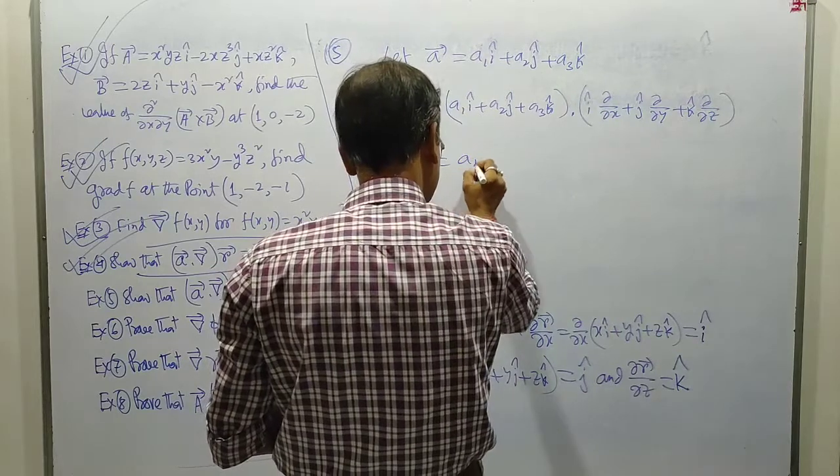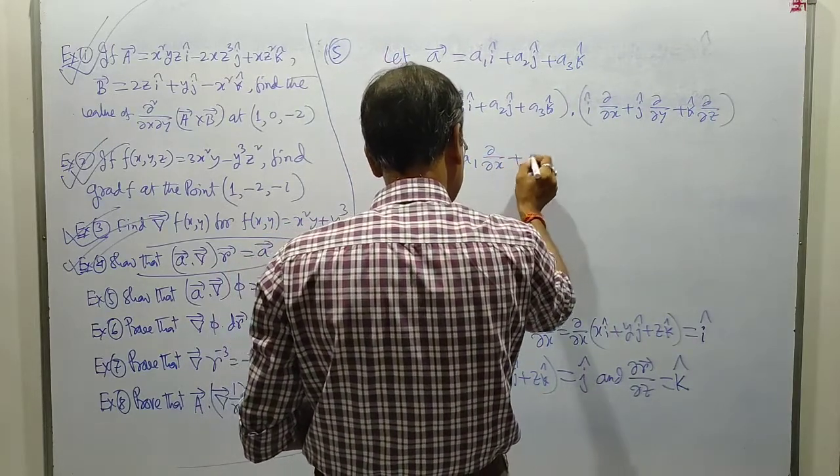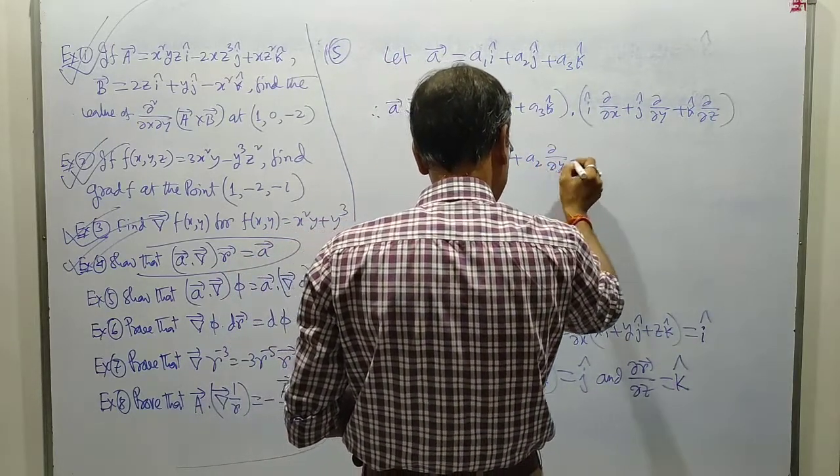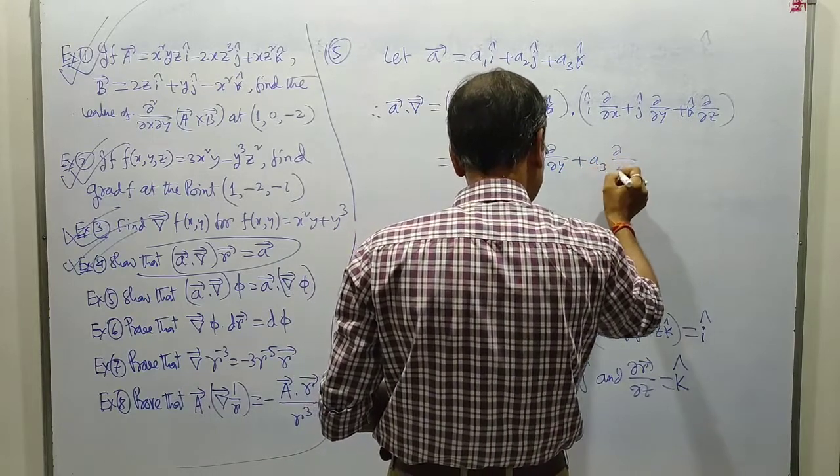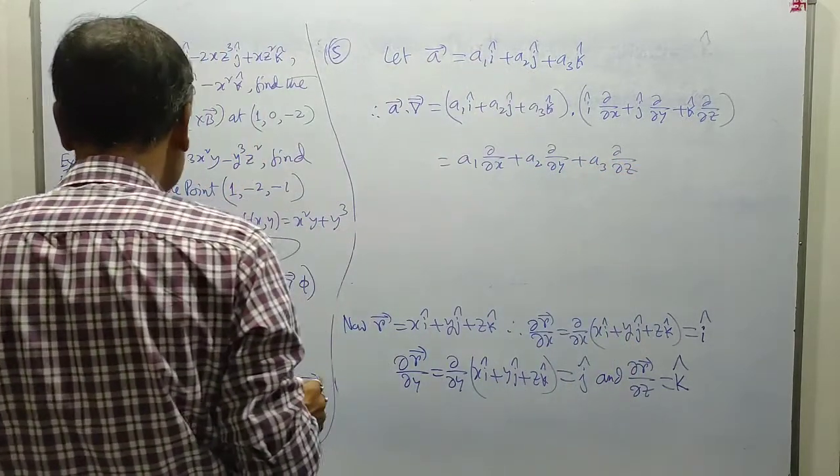This is equal to a1 ∂x, a2 ∂y plus a3 ∂z.